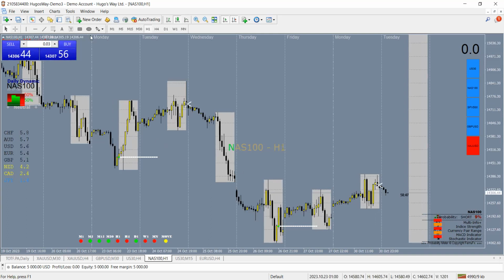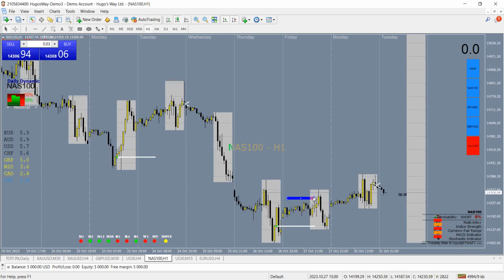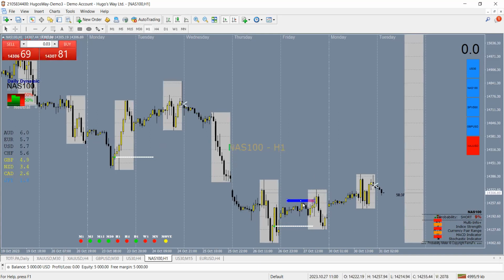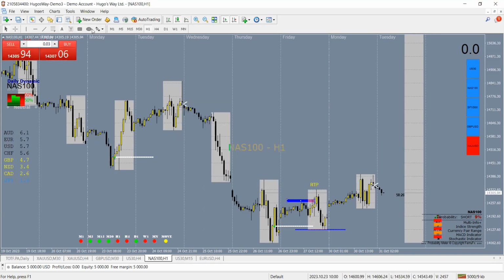And what I saw was we had a high, right? We had this high, this low, and this break of structure that had not been taken yet. So this was an RTP, right? This was your BOS.